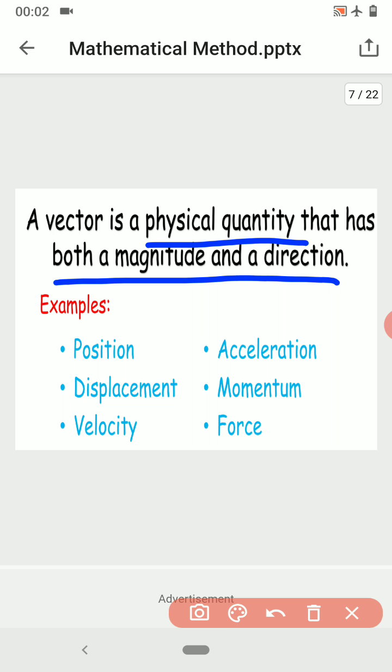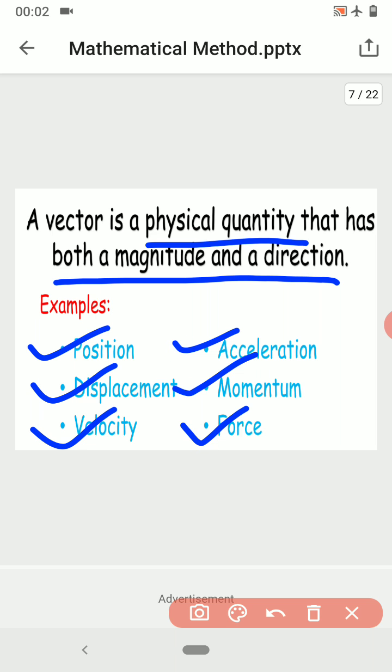Here are some examples of vectors: position, displacement, velocity, acceleration, momentum, force, etc. All these require direction.